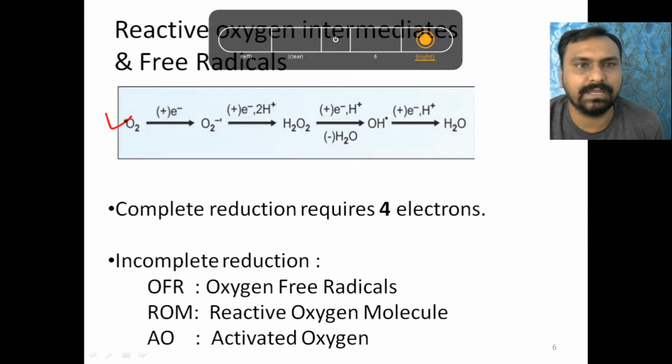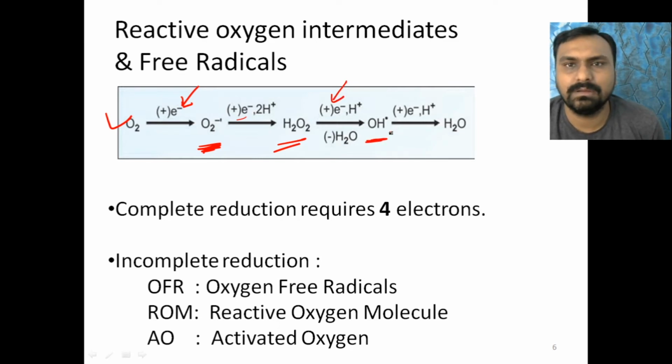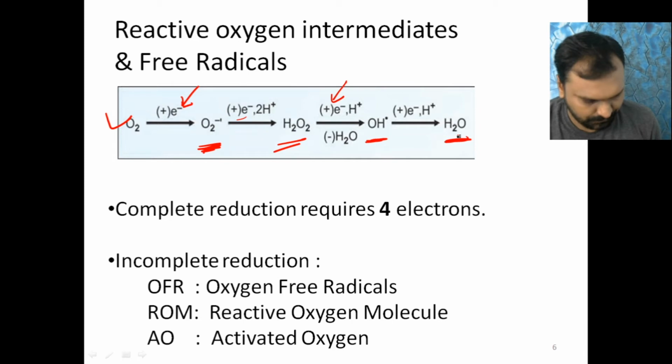In the first step, when oxygen gets one electron, it is converted to the oxygen free radical, superoxide. Then when it gets one more electron and two hydrogens, it is converted to H2O2. When it gets one more electron, it forms the hydroxyl ion, and then with one more electron, it is converted to H2O.